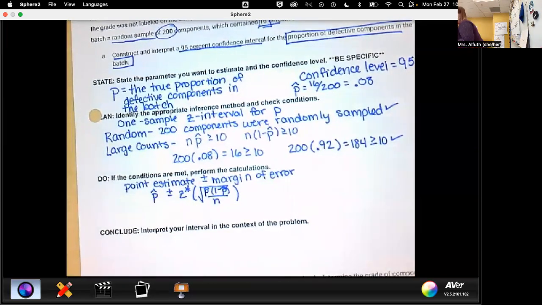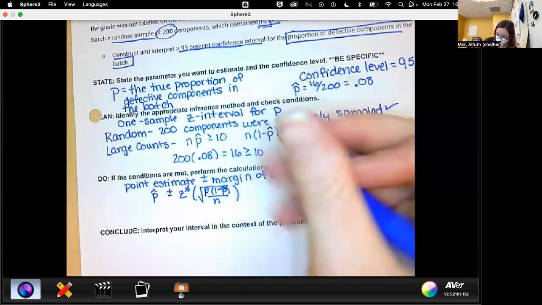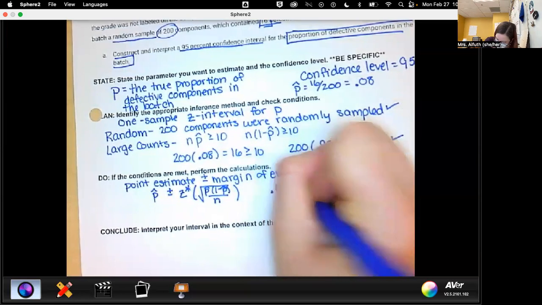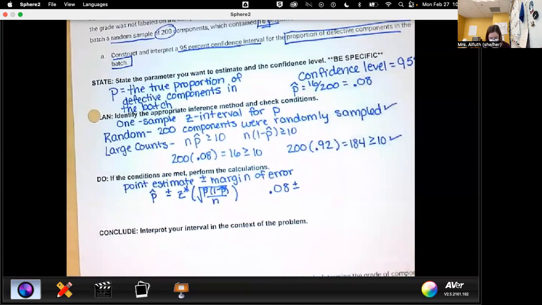And then I need to fill in this formula. So I know that my p hat was 0.08. So I have 0.08 plus or minus my z star for a 95% confidence interval.